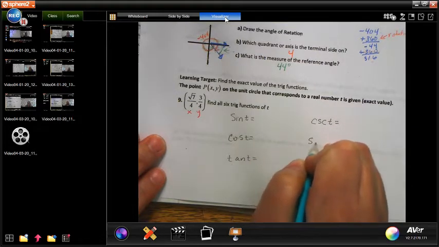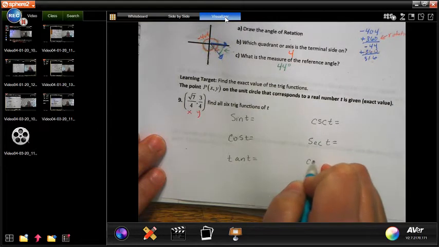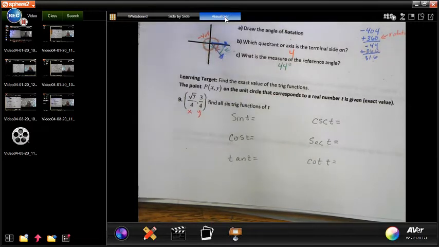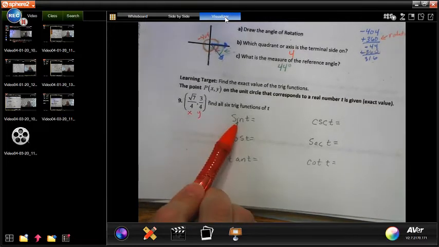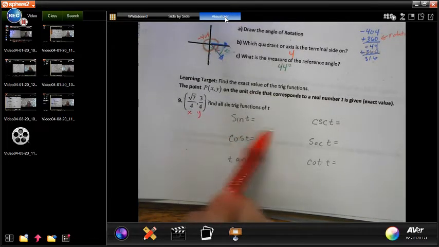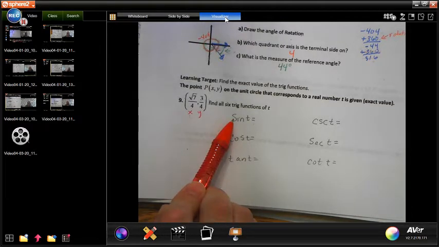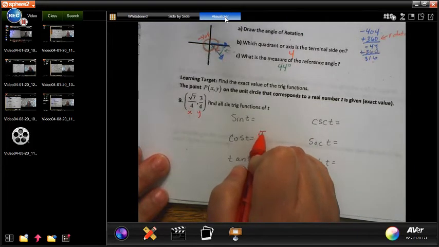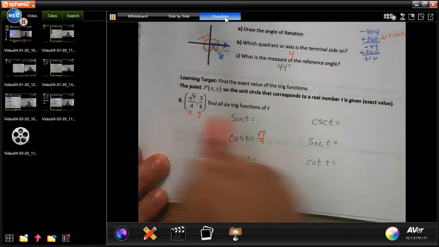This one goes with secant, and this one goes with cotangent. Alright, so that's x, that's y. Sine is y. So remember, cosine and sine are in alphabetical order. C comes before S. So this goes with x, and this one goes with y.